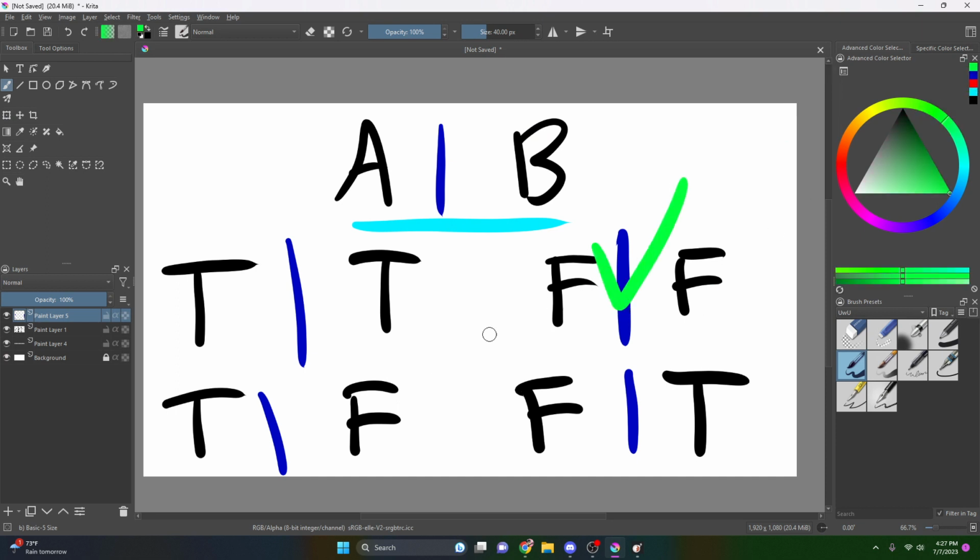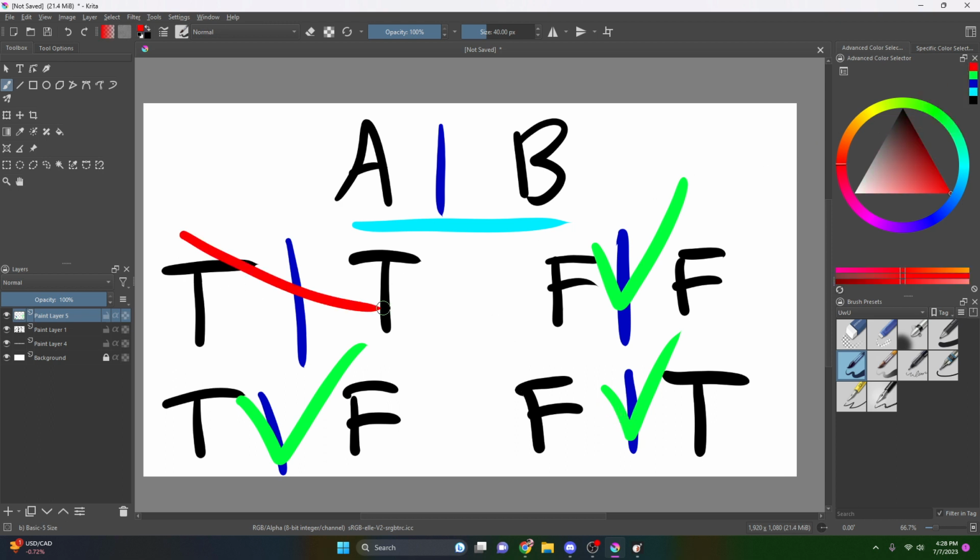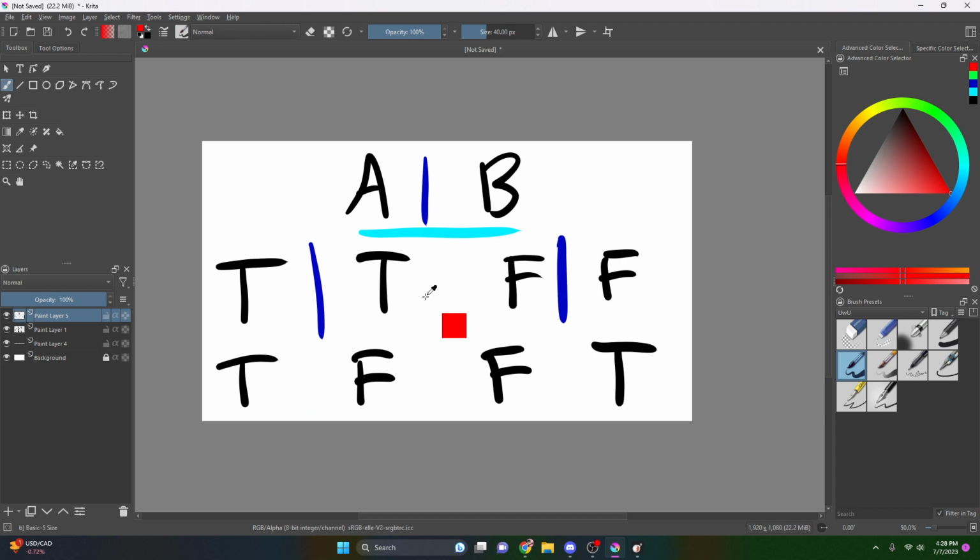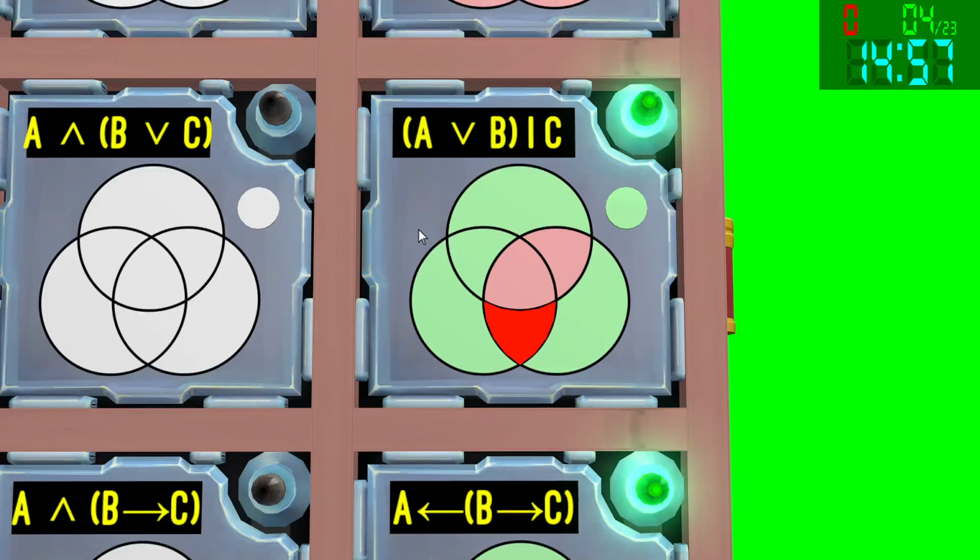We got rid of these ones, and then we needed to logically think about these ones. Well, we ignore these ones because this would equate to false.